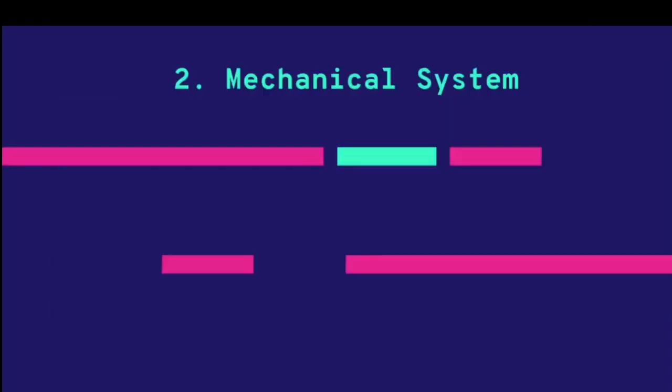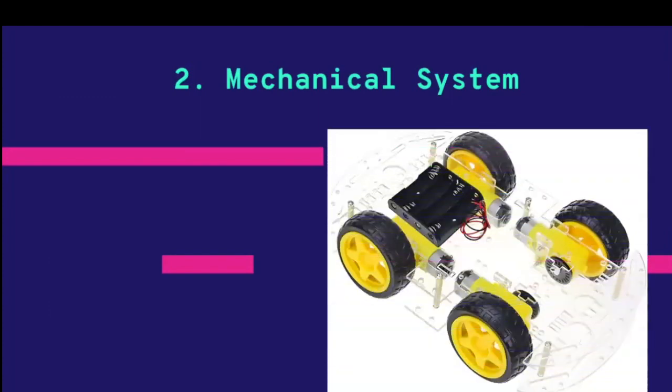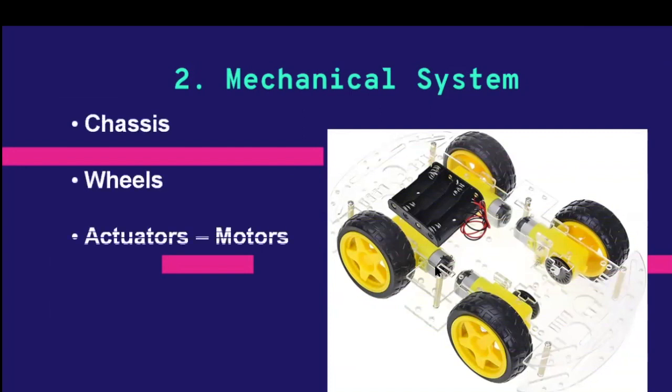Robots use something called a mechanical system for movement. In this picture, we can see that there are wheels, the chassis, and also motors. All these things belong to the mechanical system. These motors are given a special name: actuators. They are called actuators because actuators are the devices that help us in movement, right?